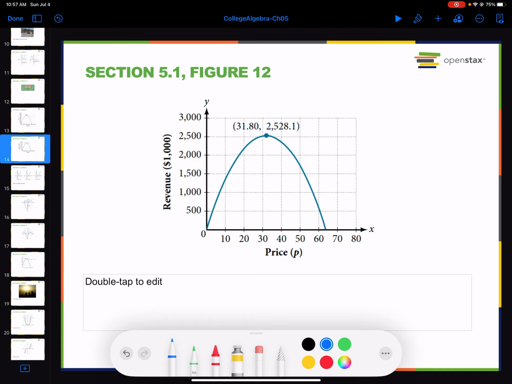They want to know what the perfect price is to have the most subscribers. We can find the axis of symmetry here, and that is our maximum point right there. That point is going to be at about $31.80. $31.80 would result in the most subscribers.